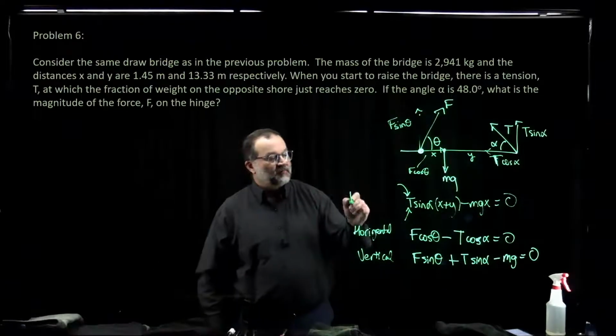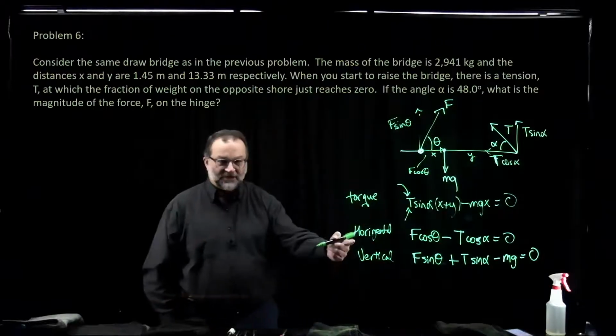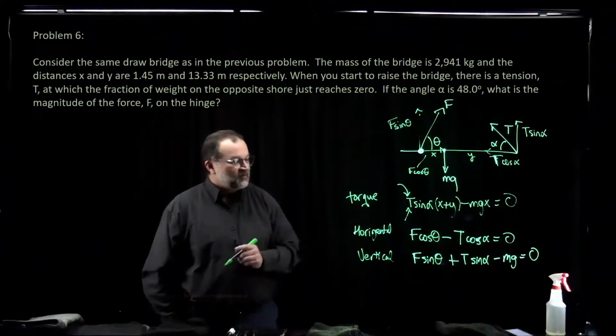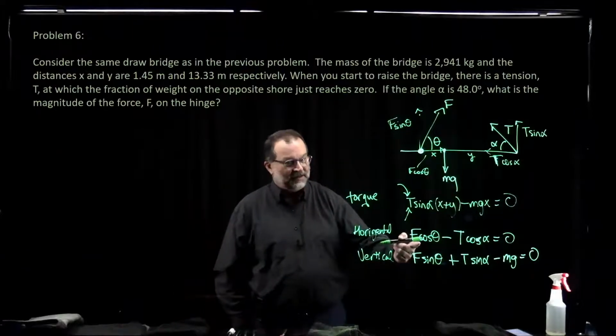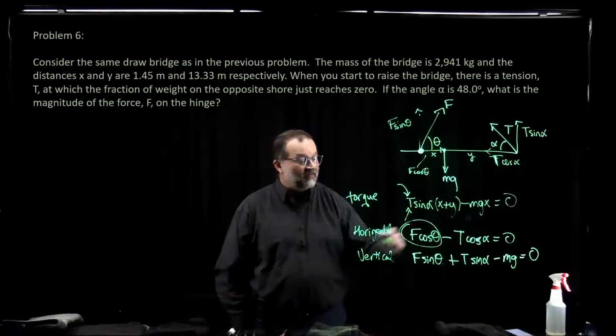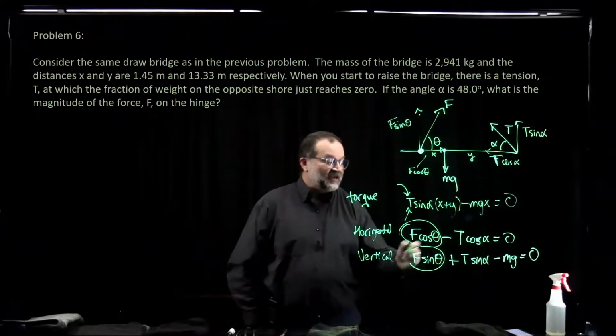So we've got our torque, we've got our horizontal, and we have our vertical. From the horizontal, we get F cosine theta. We don't know F yet, but we know F cosine theta. From the vertical, we get F sine theta.